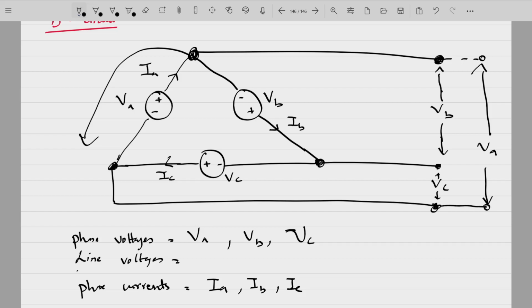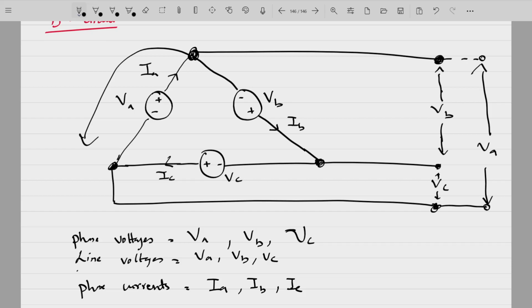ठीक है. तो यहाँ पे जो लाइन वोल्टेज होंगी और फेज वोल्टेज होंगी in case of a delta circuit, they will actually be same. So the phase voltage and the line voltage in this case will be same. ठीक है.